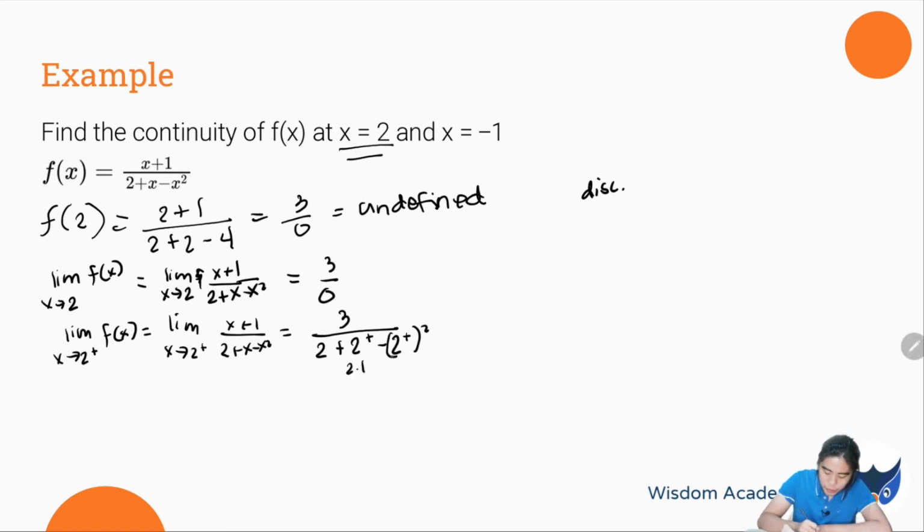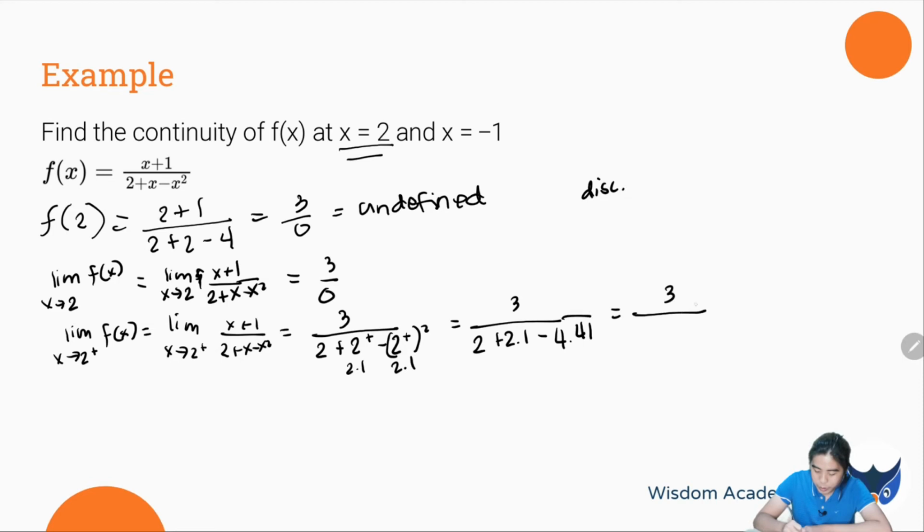So, instead na 2, 2.1 yung gamitin natin. So, maging equal to sa 3 over 2 plus 2.1 minus 4.41. So, this will be equal to 4.1 minus 4.41. So, negative siya. So, 0 negative. So, equal to sa negative infinity.